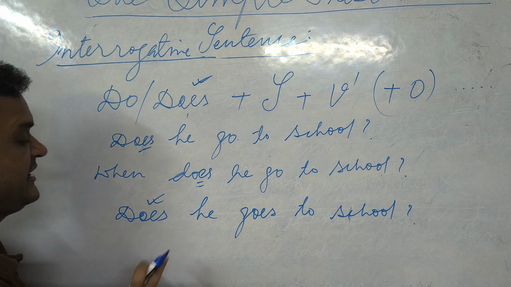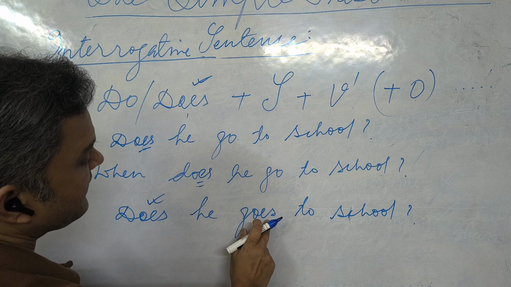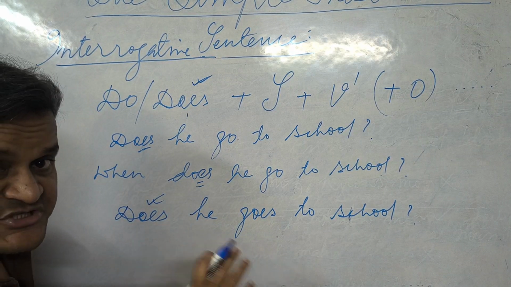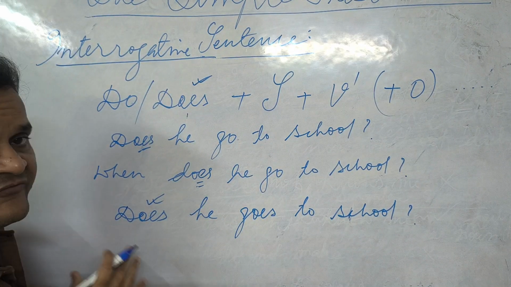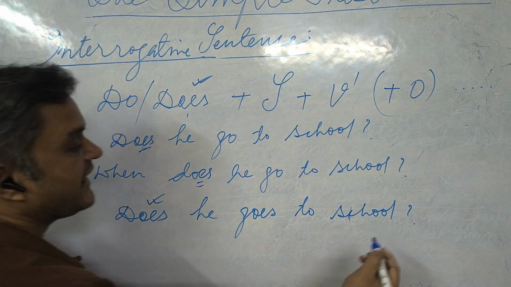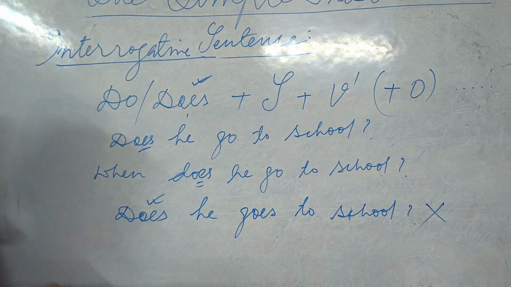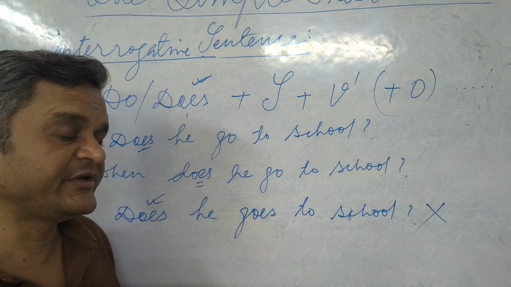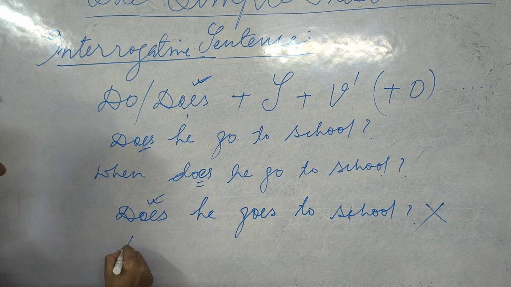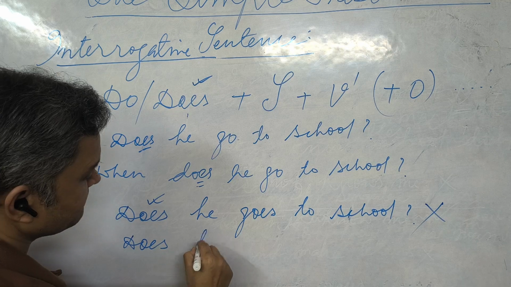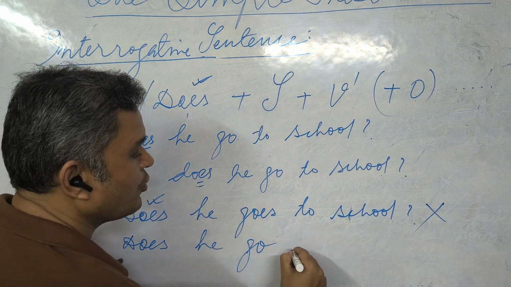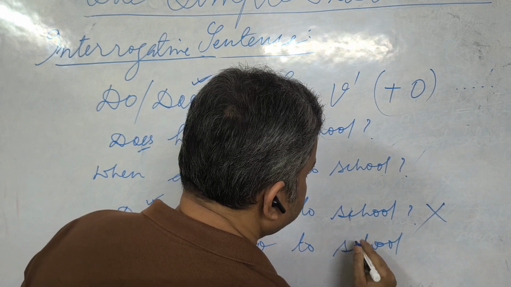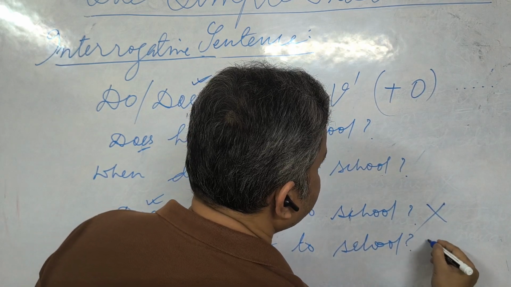So don't repeat it by using s or es after the main verb again. Don't doubly singularize the verb phrase. So this is incorrect. This is again one of the most common mistakes which learners usually make. So you will say, does he go to school? Right? Then it would be correct.